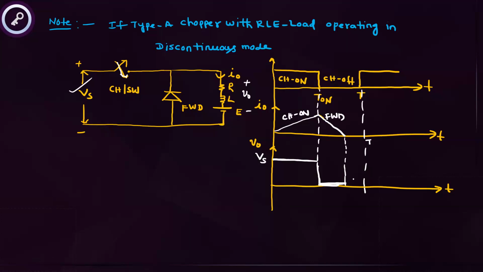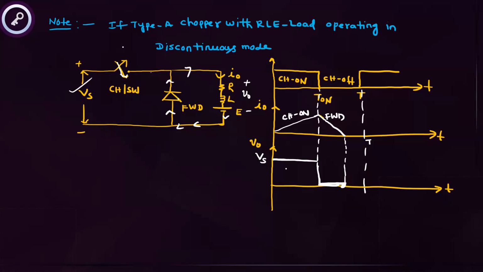Zero. Why? Because the load is short circuited if the freewheeling diode is conducting. Now after the chopper is on and turned off, the freewheeling diode is also off. Both are in off state. During conduction of the freewheeling diode, voltage is zero because it is a short circuit.